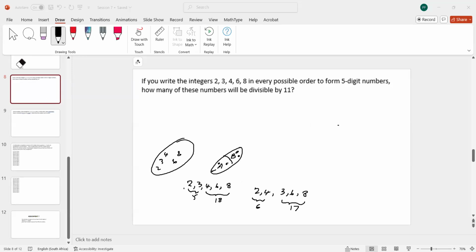So what we've got here is, I need to know the 5-digit numbers. So let me try to count these. How many such numbers are there? 5 digits. Now, the 2 and the 4 will have to go in here.